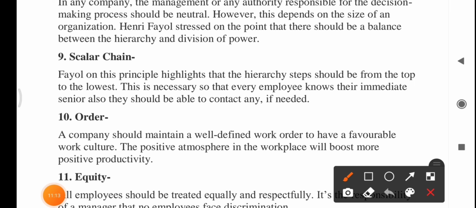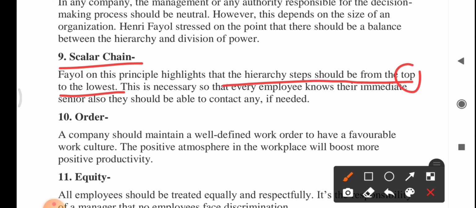Next is the scalar chain. On this principle, Henri Fayol highlighted that the hierarchy steps should run from the top to the lowest. This is necessary so that employees know their immediate senior and are able to connect with them if needed. It means that orders should always come from the top to the bottom, and not from bottom to top.